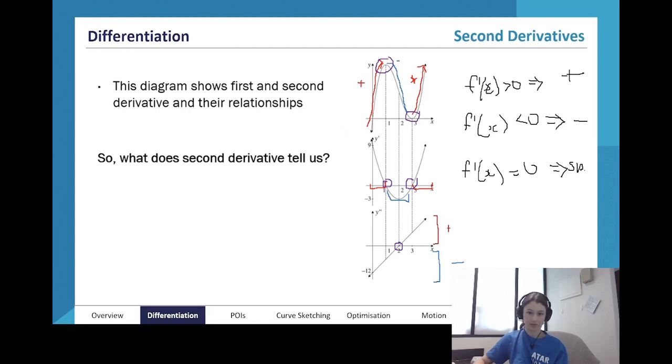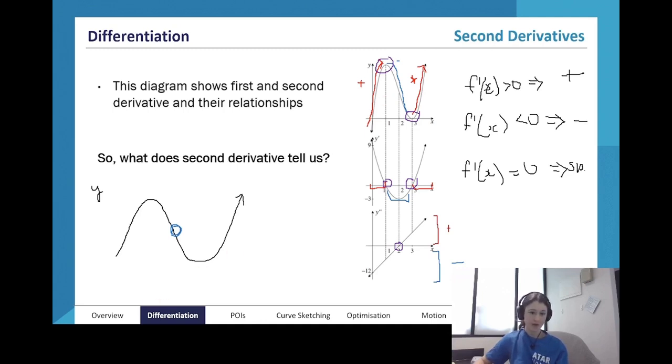And I'm going to draw a second diagram over here. And this is of the original function, y. So, as you can see in this section here, so even though the gradient of this function is kind of what we've drawn over here, the gradient of the function and the actual concavity of the function are not the same thing.